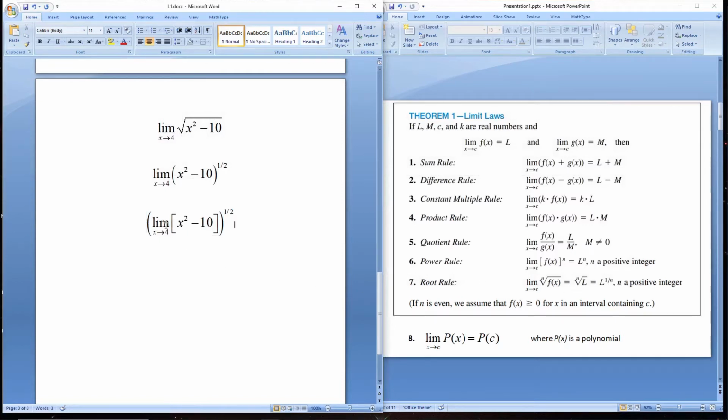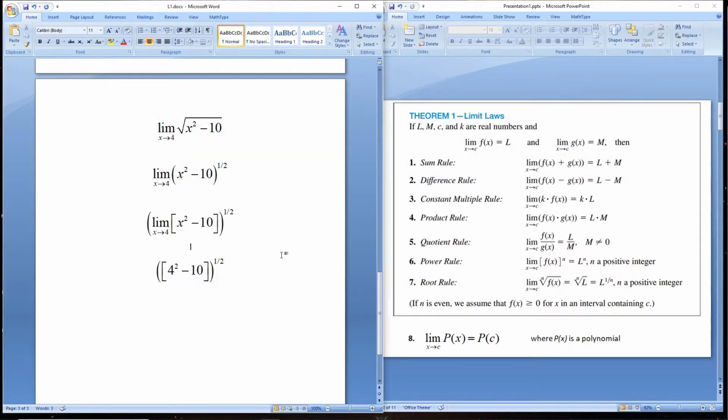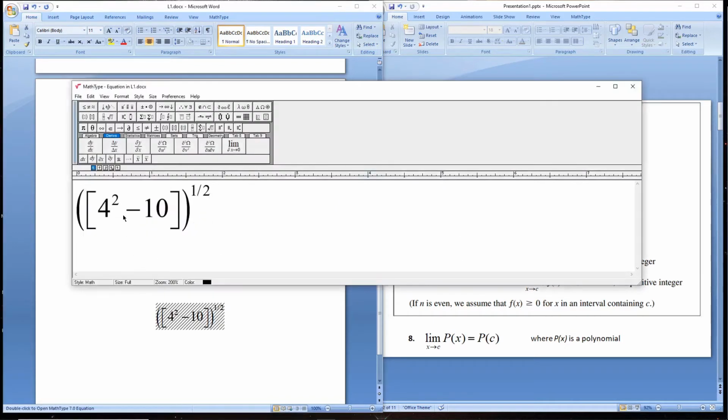And now notice the limit is connected now directly to a polynomial, which means then we can use property 8. And property 8 says if you're taking the limit of a polynomial, just plug that number in. And now that it's just numbers, we'll just do that arithmetic and figure out what that answer is.